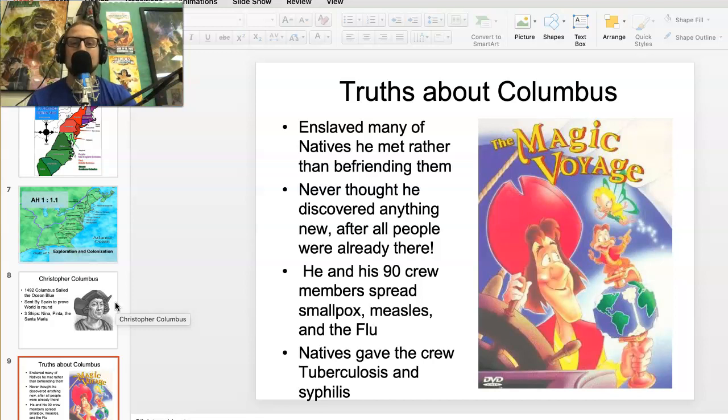What Columbus brought with him was the introduction of slavery to North America and the spreading of diseases, some intentional, some unintentional, such as smallpox, influenza, the measles.